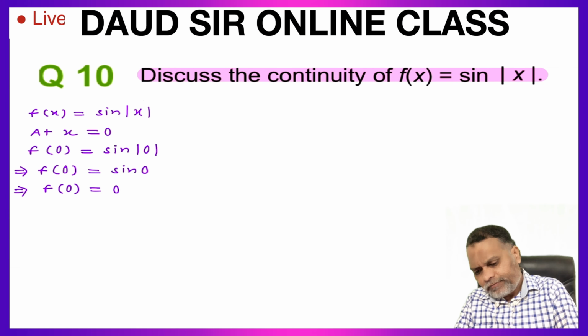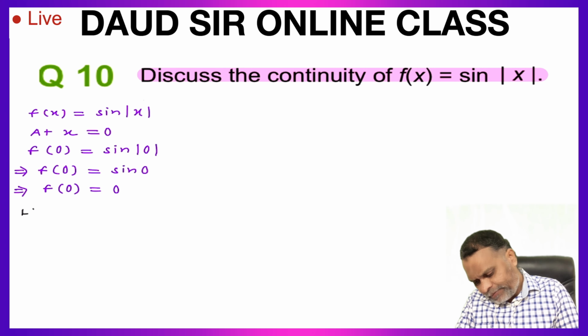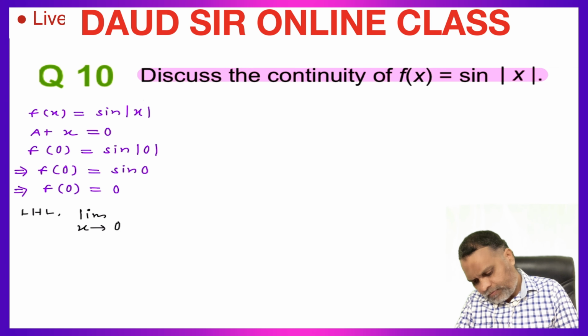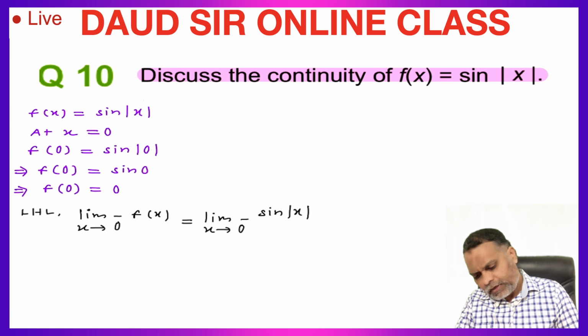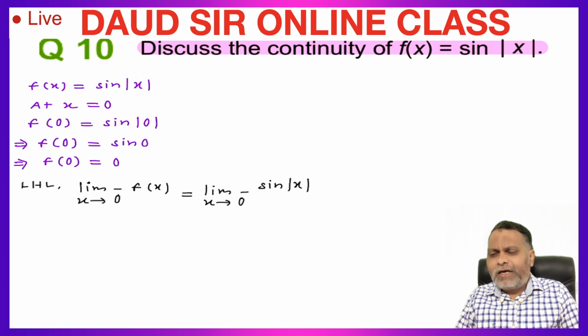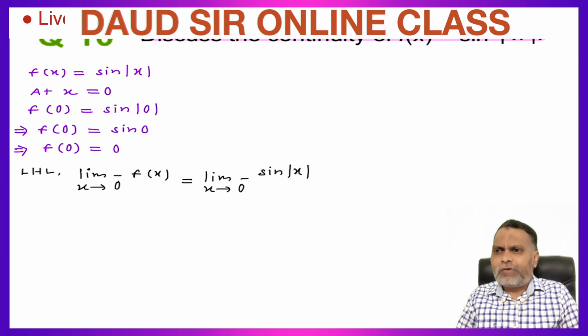Left hand limit: limit x tends to 0 minus f of x is equal to limit x tends to 0 minus sine mod of x. For left hand limit we have to substitute x is equal to a minus h.